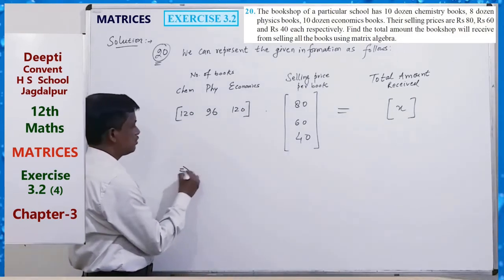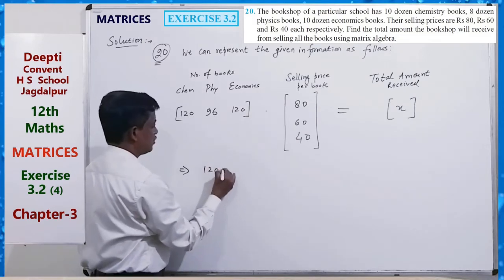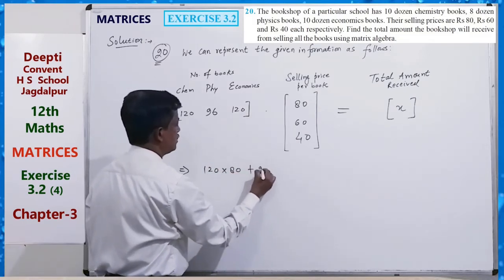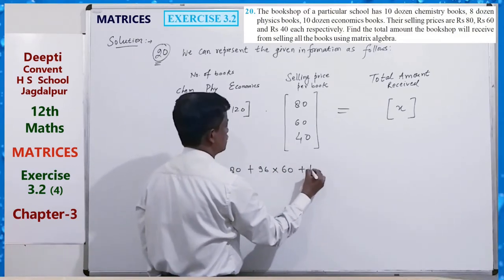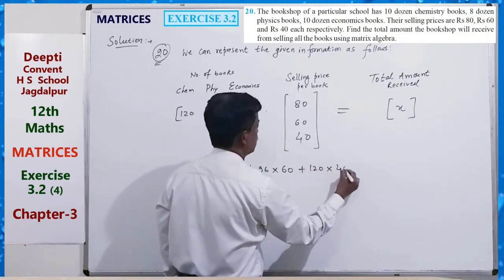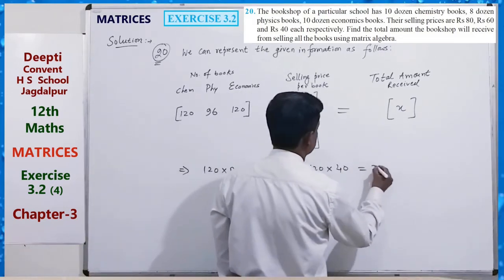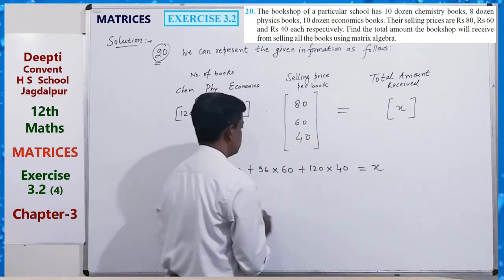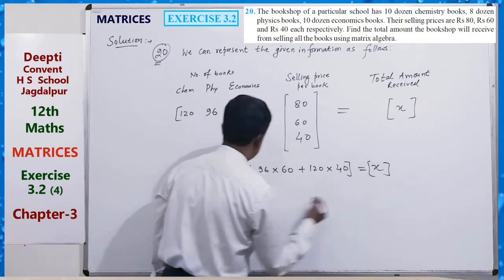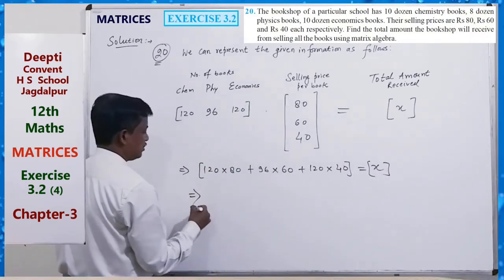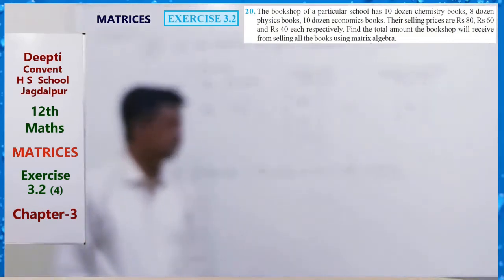Then by the multiplication rule, row by column: 120 into 80 plus 96 into 60 plus 120 into 40, which equals a single quantity. Now we can calculate it.